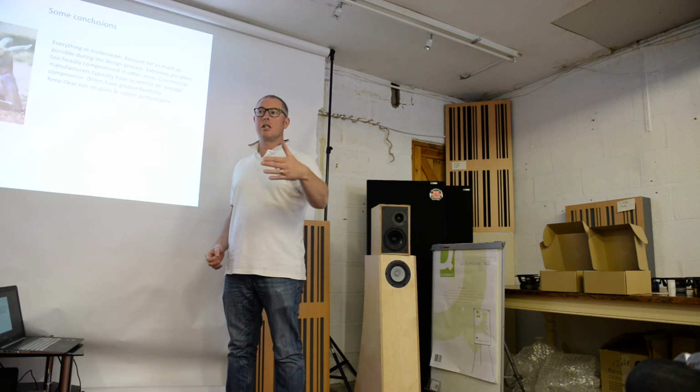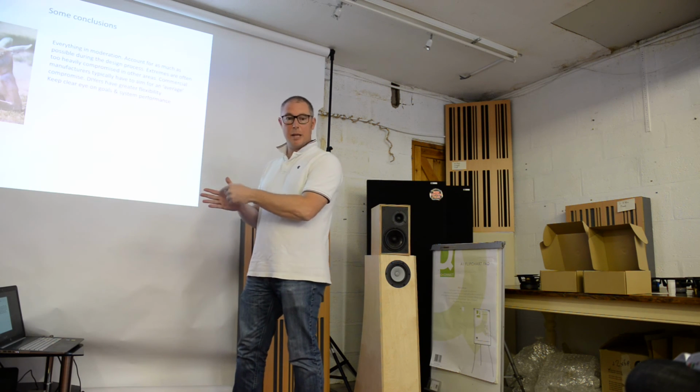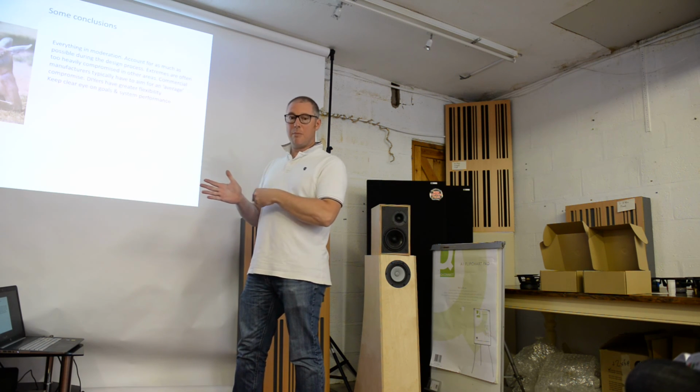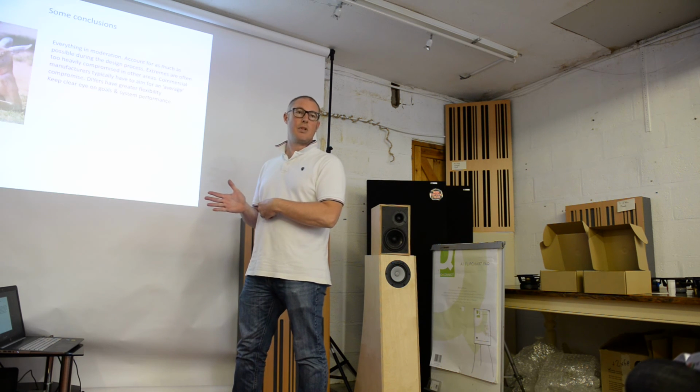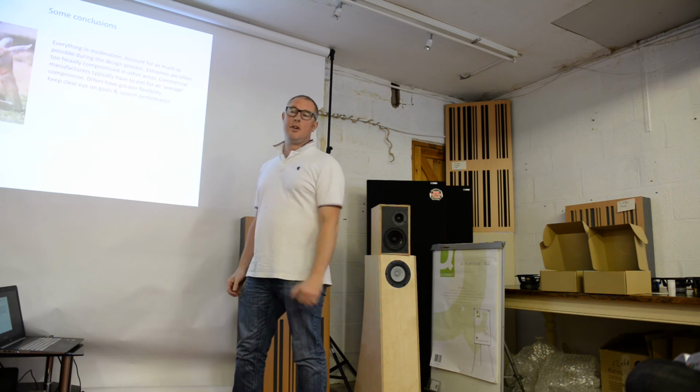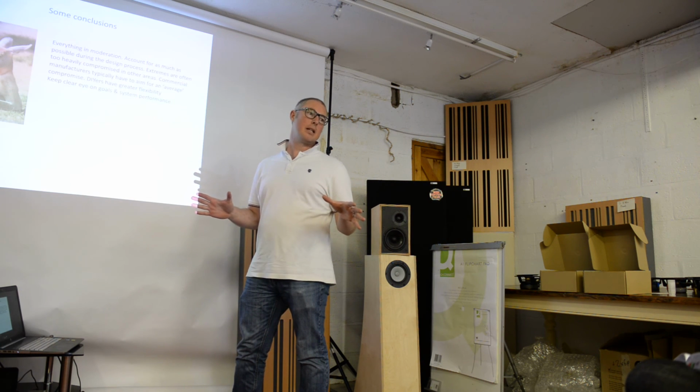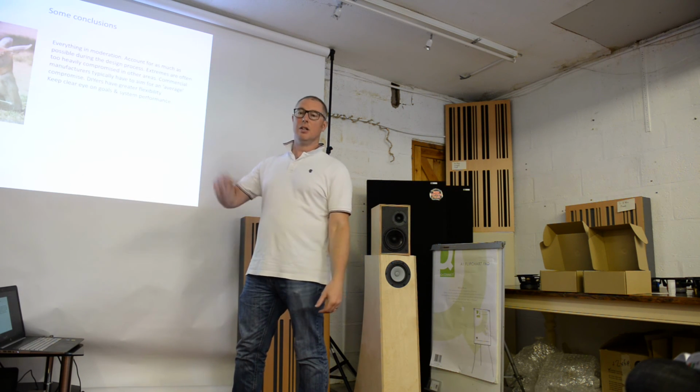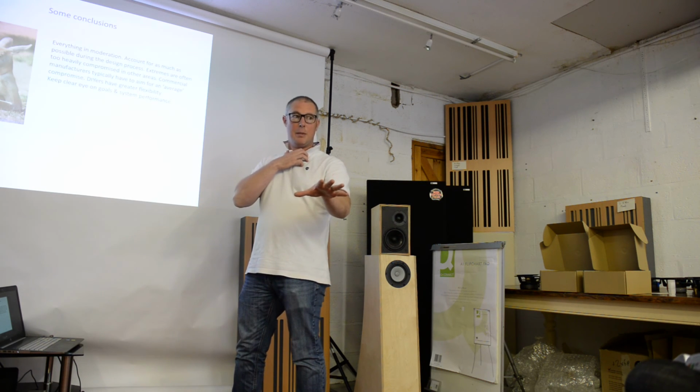So it's good to get a piece of paper and plot where in the room those frequencies are doing different things, and find a point that on average is the best. We're not getting too many nulls or too much reinforcement, and that's always going to be the better place to sit.